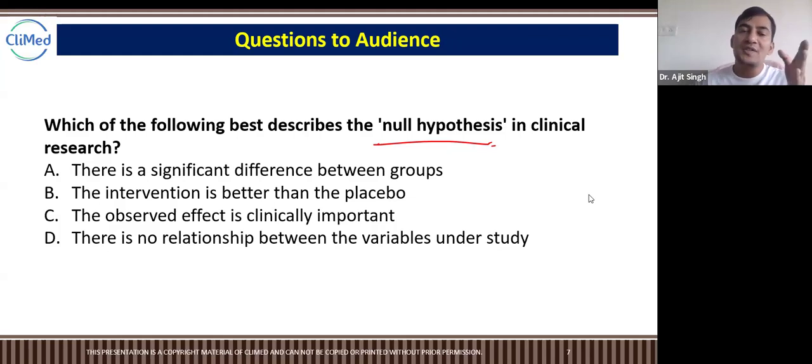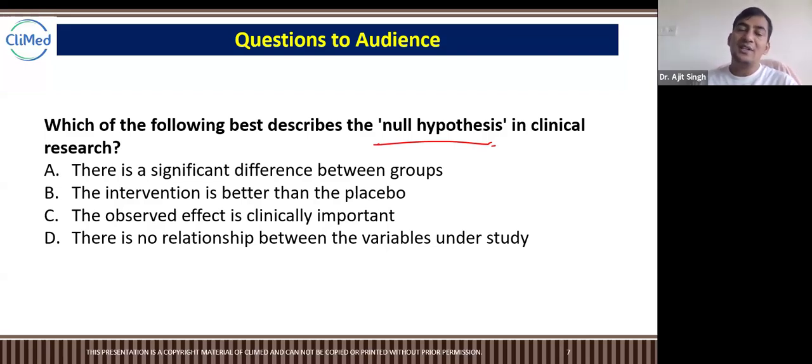So my hypothesis in the starting must be that the development of buccal cancer will be more in the tobacco chewers than the non-tobacco chewers, right? When we are expecting that something is happening positively, that could be your positive hypothesis.